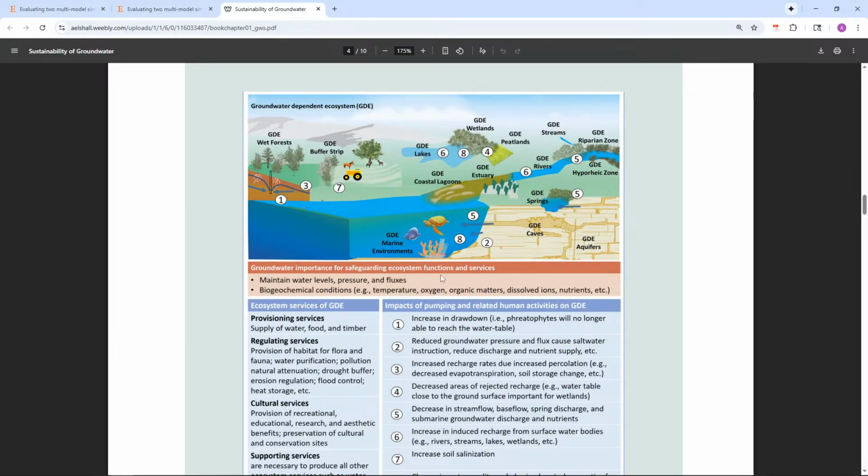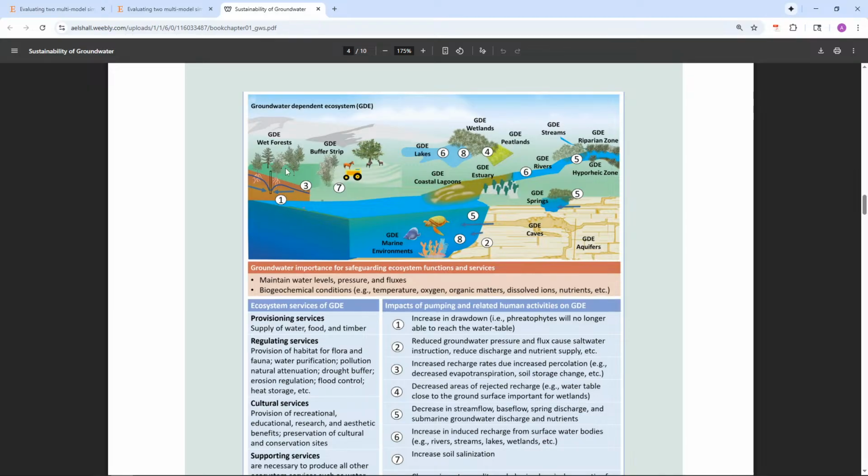Why is groundwater important for these aquifer systems? It maintains water level, pressure, and fluxes. For example, here the wet forest is tapping into the groundwater table. If this groundwater table goes down, what will happen? This forest will no longer be green.